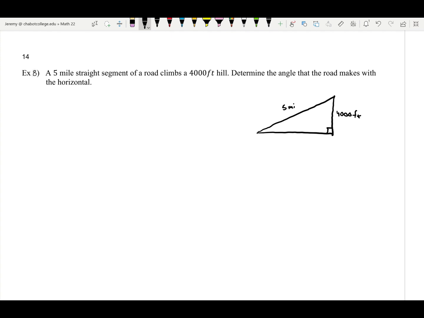The first obstacle that I'm seeing here is that we have different units, right, for the road and for the height of the hill, miles and feet. So ideally we want to get this all in terms of the same units. And there's this fact.